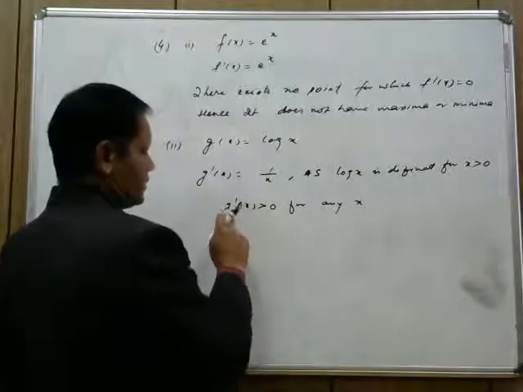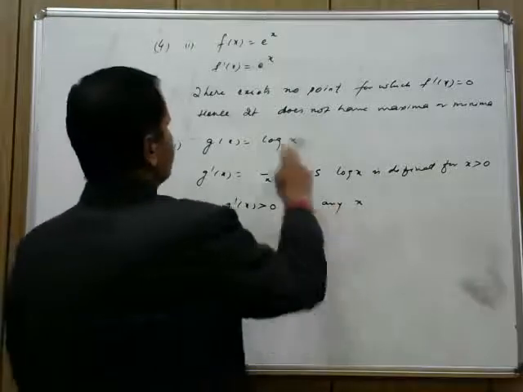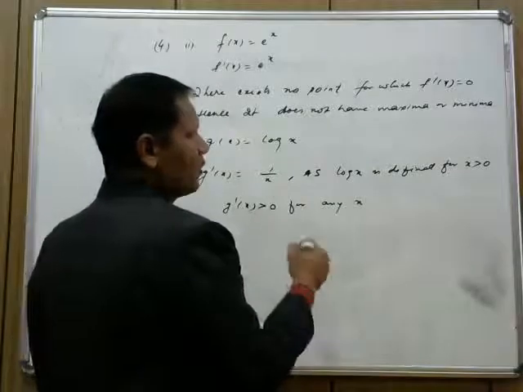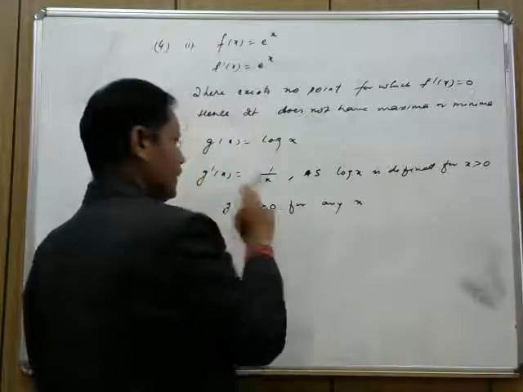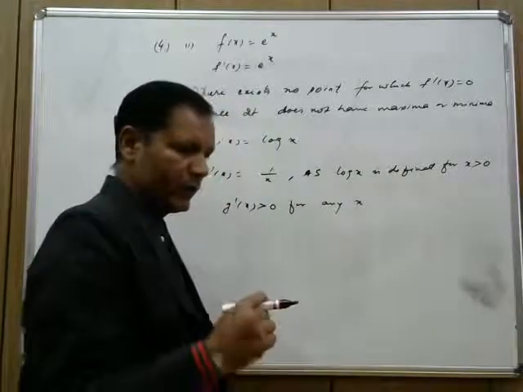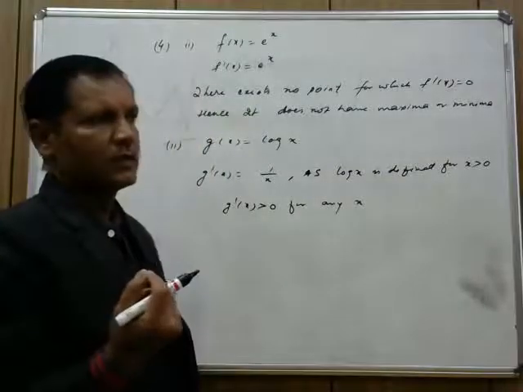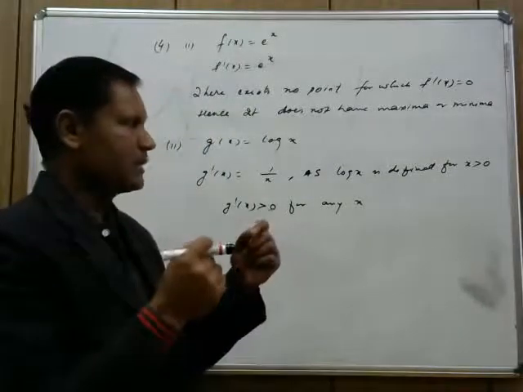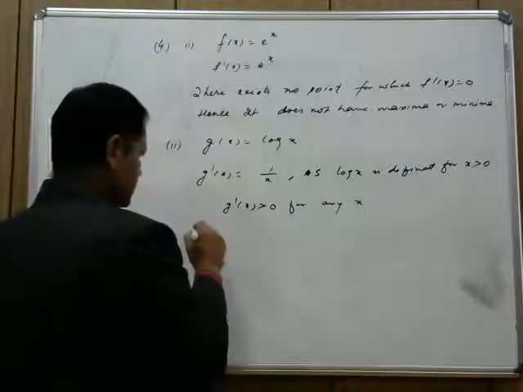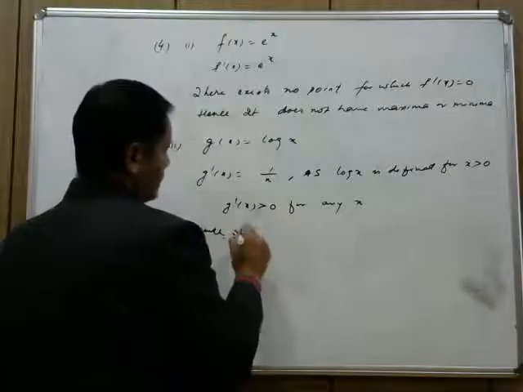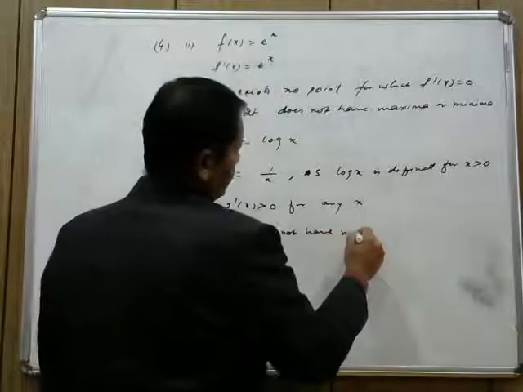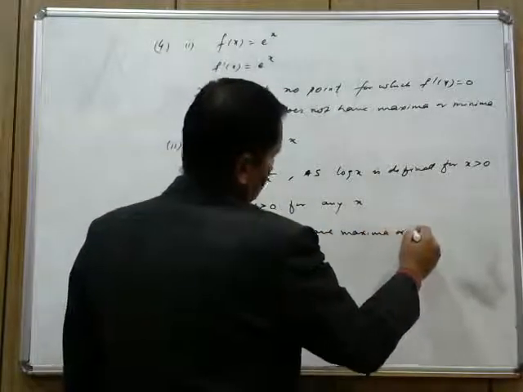Therefore g dash of x is greater than 0 for any x, and there exists no value of x for which g dash of x equals 0. That means we cannot find the critical points, and when we are not able to find the extreme points, how will we find its maxima or minima? Hence it does not have maxima or minima, right?